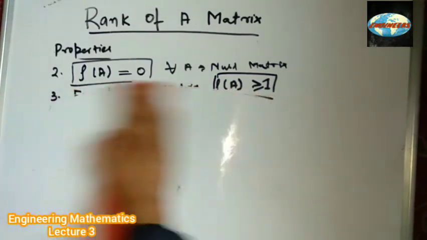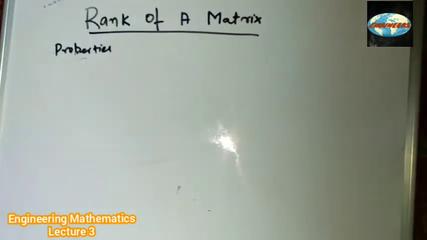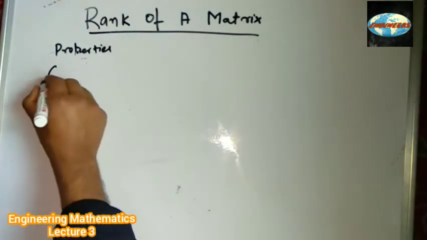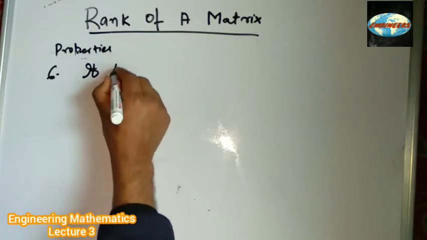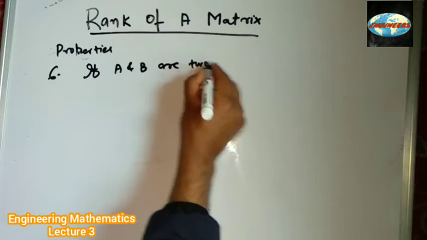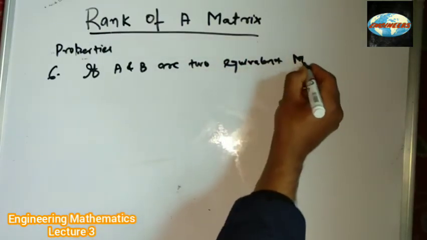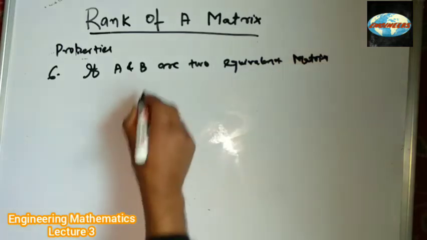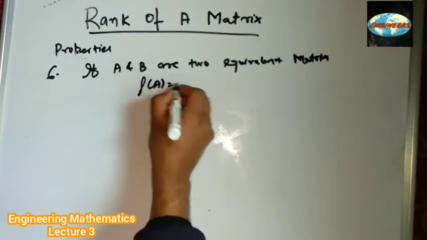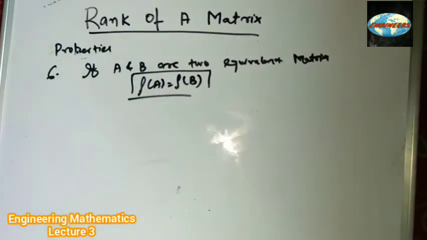And there are some more properties, let me quickly cover them. The sixth property: if A and B are two equivalent matrices, in that case rank of A is equal to rank of B. Rank of equivalent matrices is always the same. I hope you know what an equivalent matrix is.